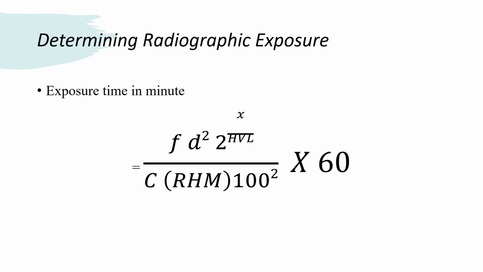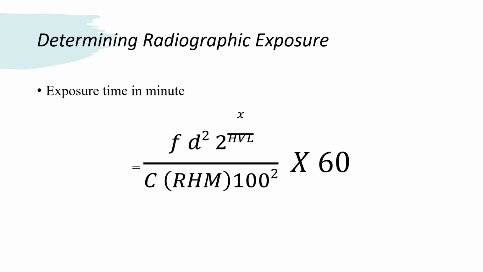These factors are summarized in exposure charts and are available with the X-ray machine manufacturer and the gamma ray source suppliers. Alternately, the exposure time can be calculated using the following equation.